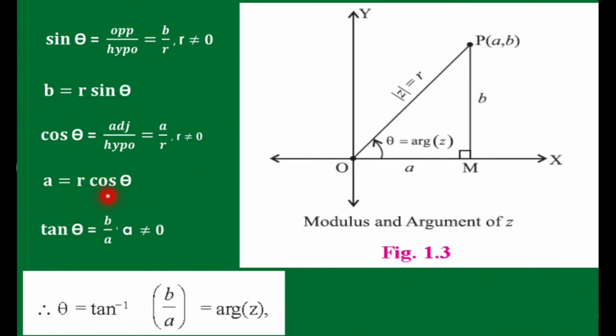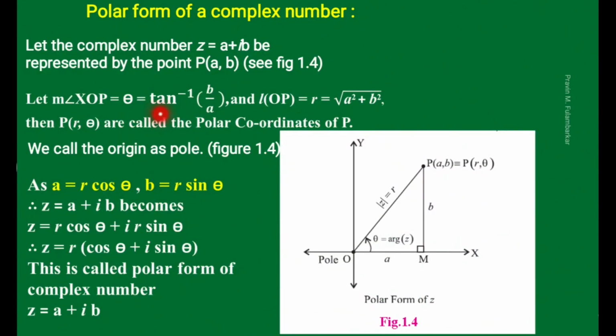That means a equals r cos theta is the x coordinate, and b equals r sin theta is the y coordinate. So we write this a and b in terms of r cos theta and r sin theta.